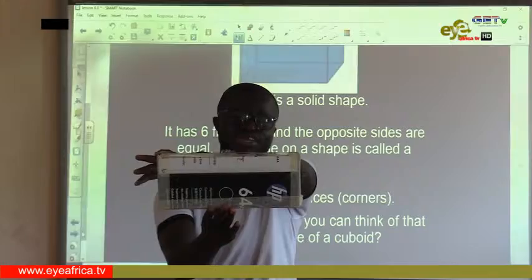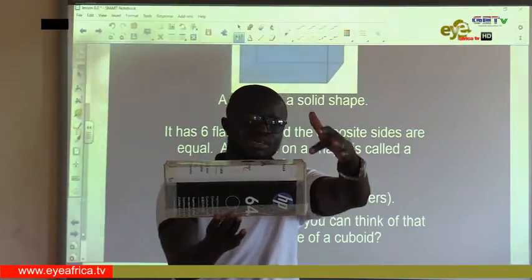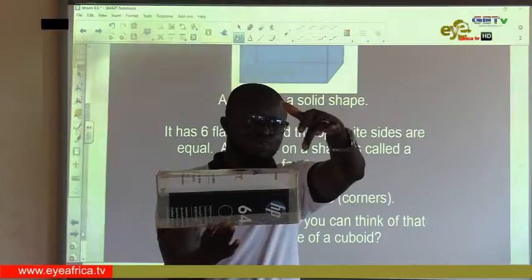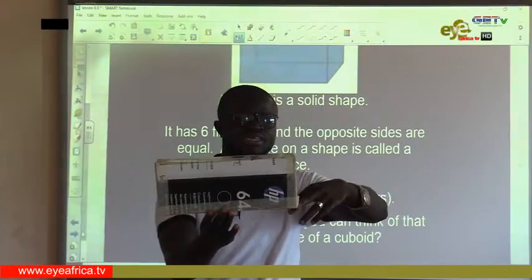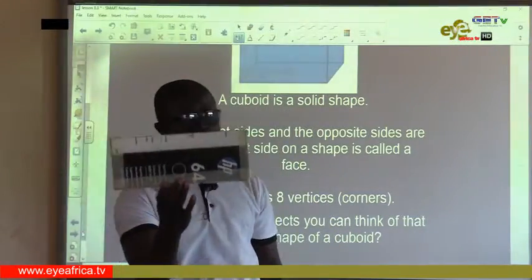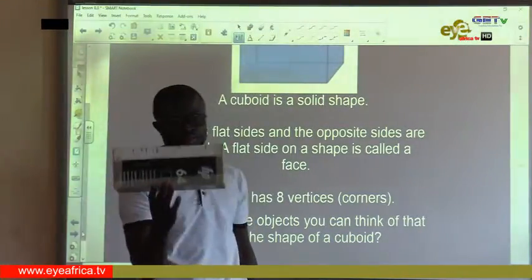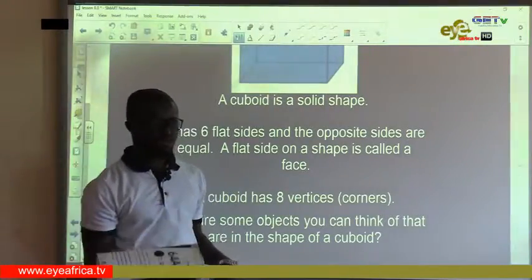Remember, we have 4 on the right. From 4, we count on 5, 6, 7, 8. So how many corners has a cuboid? We can say there are 8 corners in a cuboid.